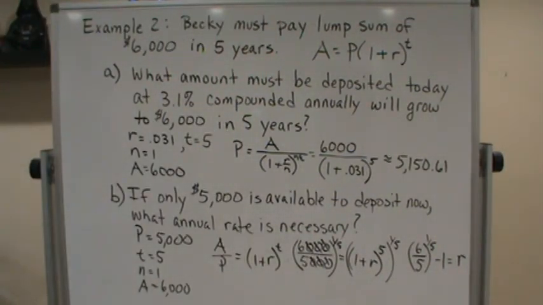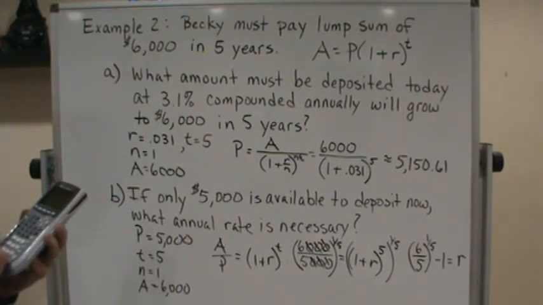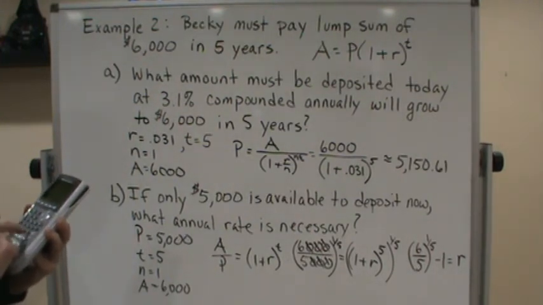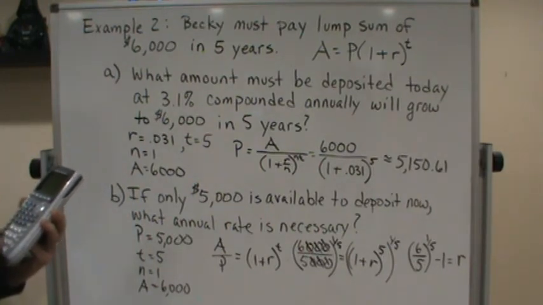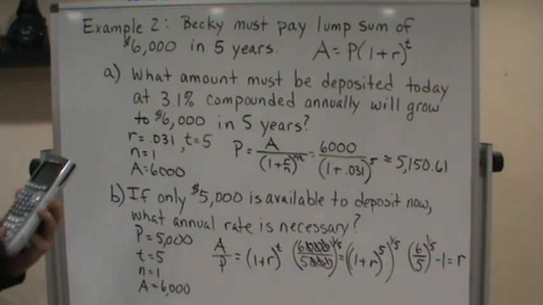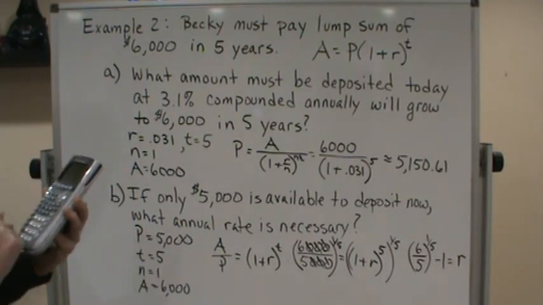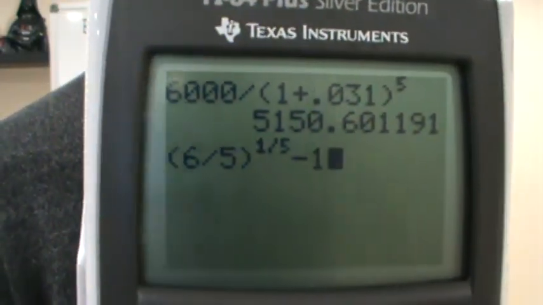Okay? So again, I'm going to take the quantity (6 divided by 5) raised to the 1/5 power. And all I did was just do 1 divided by 5. And then I'm going to subtract 1. And so this is what I get. Okay?